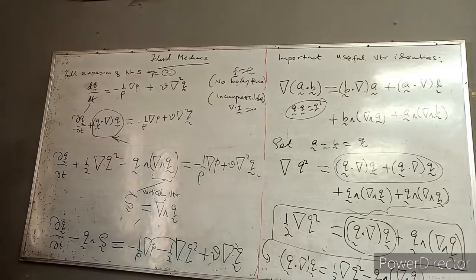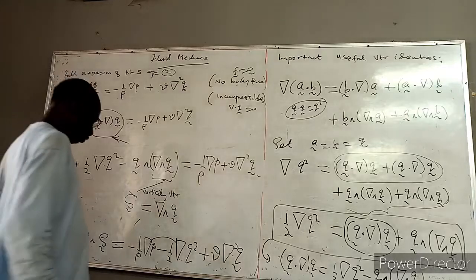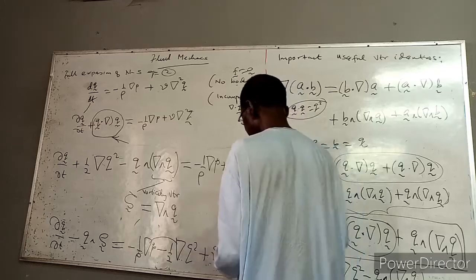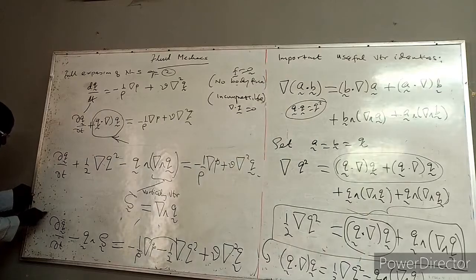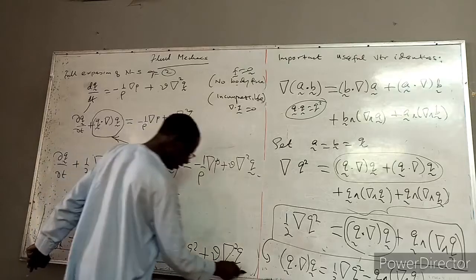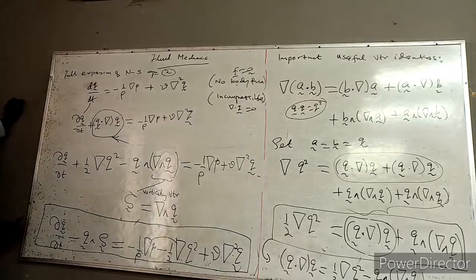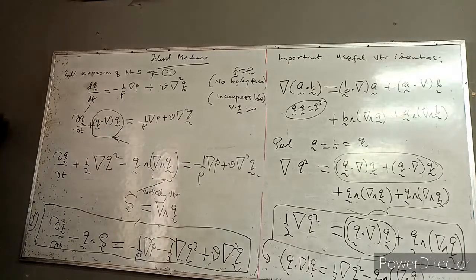This is another form of Navier-Stokes equation. So if I like, I can call this one 2 prime prime.